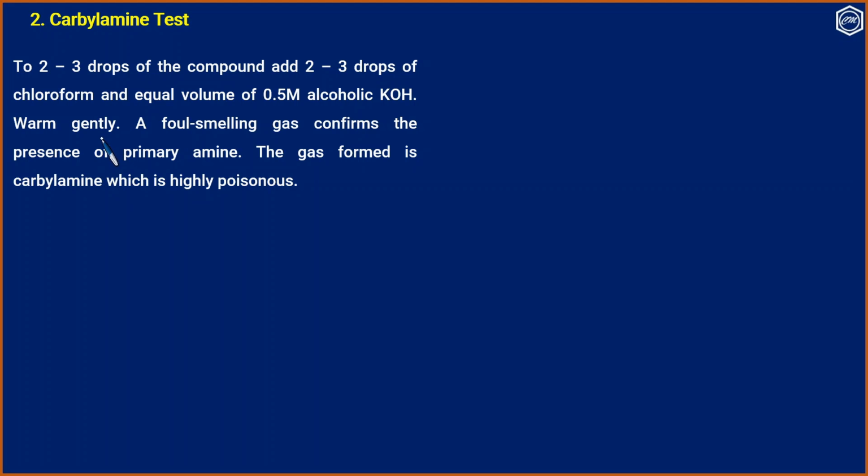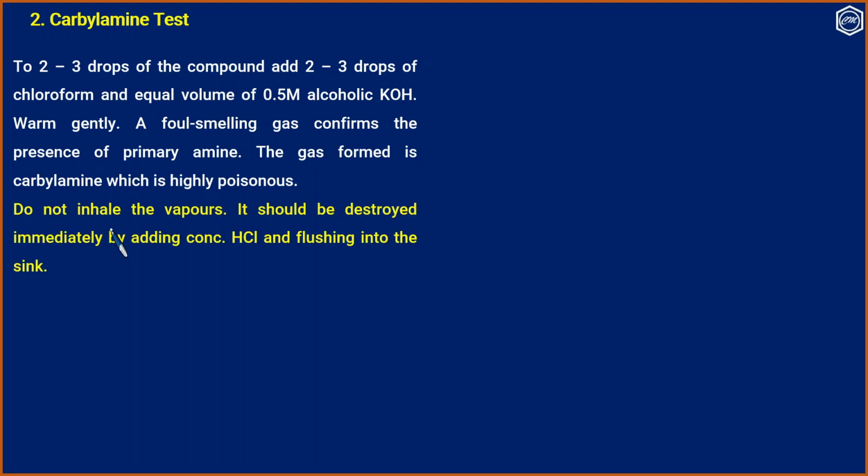Warm the solution gently. A foul-smelling gas confirms the presence of primary amine. The gas formed is carbylamine, which is highly poisonous. Since it is highly poisonous, do not inhale the vapors. It should be destroyed immediately by adding concentrated HCl and flushing into the sink.